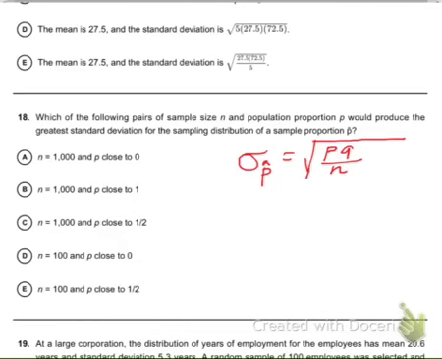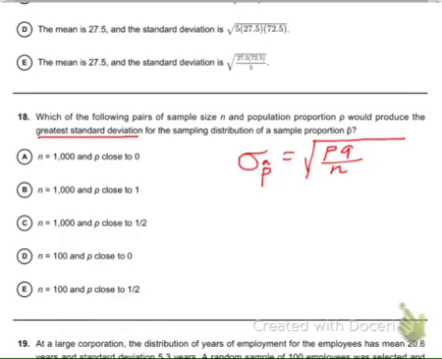Here's a good thinking problem. If you know this formula for the sampling distribution standard deviation, you're being asked to say which situation would give you the greatest number. Well, what makes this number go up? Let's start with the denominator.